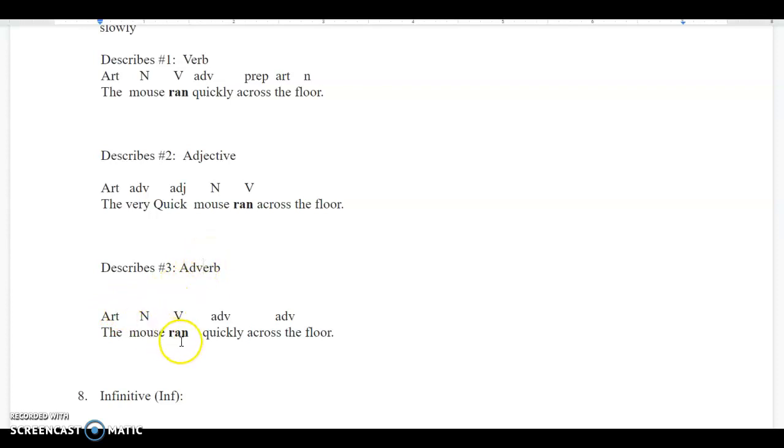So here's the sentence that I had from the first one. The mouse ran quickly across the floor, right? So across would be your preposition, the is your article, floor is your noun, okay? But I want to describe the quickly, okay? The mouse ran super quickly across the floor.